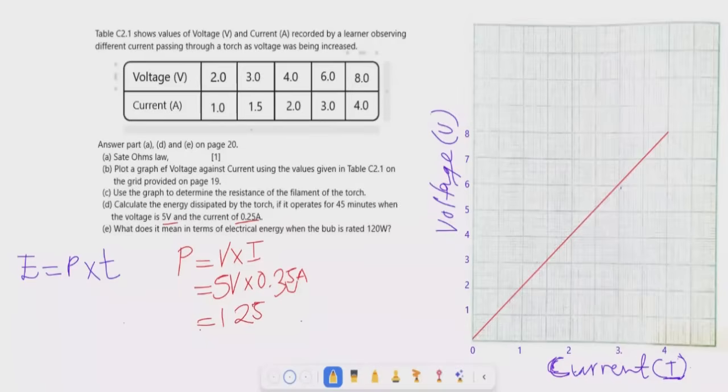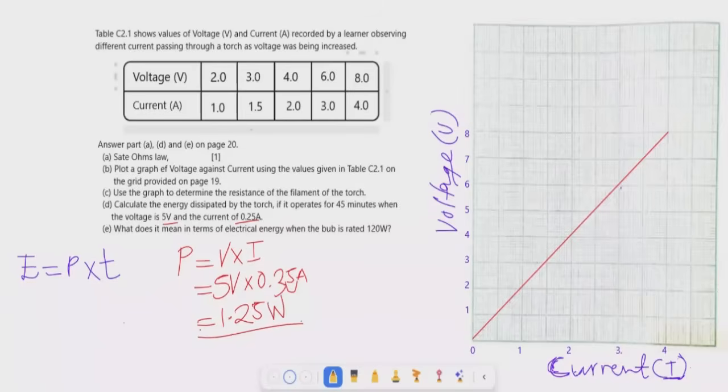Then the point comes back again, moving from right to left, to the end here. So the answer will be 1.25.